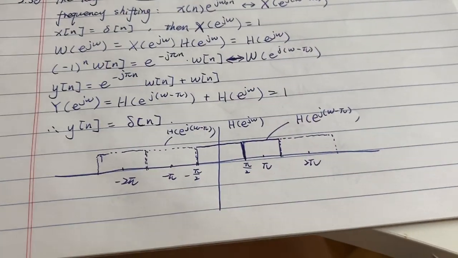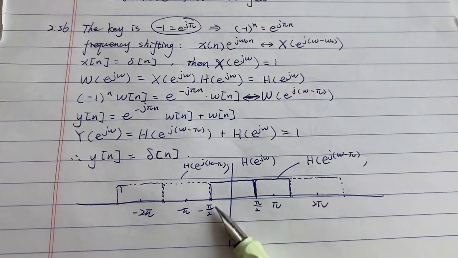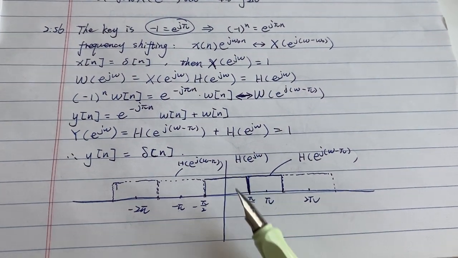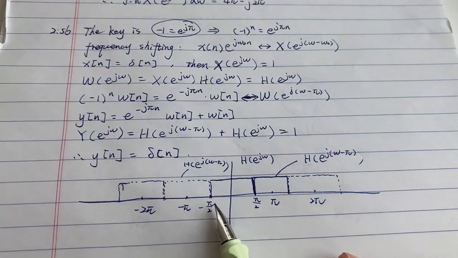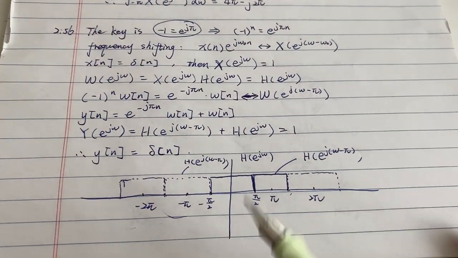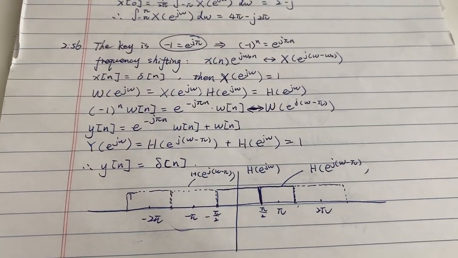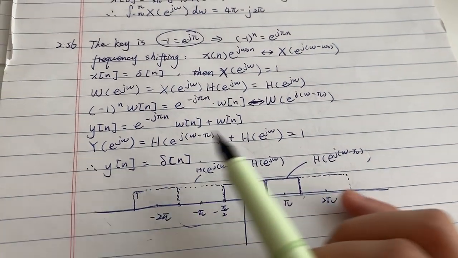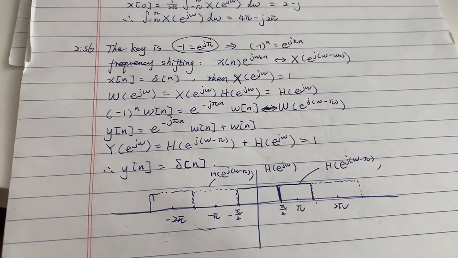And then we can shift the diagram to the right by pi. So you just shift it. This one will become this one, and this one will become this one, and you add this to big H, we can get a whole diagram which equals 1. So y[n] equals delta[n].